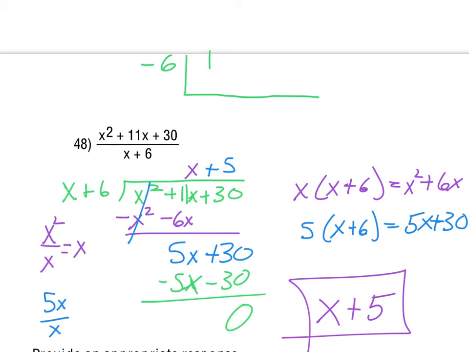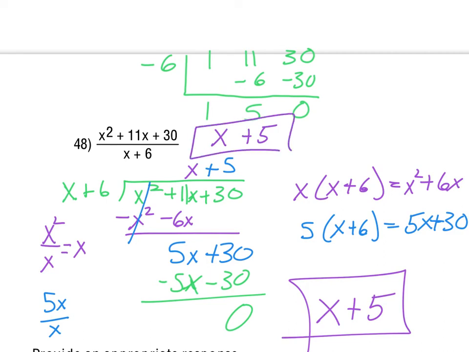Then we take the coefficients of our dividend, the x squared plus 11x plus 30, the 1, 11, and 30 there, and we drop the 1 down, multiply the 1 by negative 6, add the 11 and negative 6 together, multiply the 5 by negative 6, and then add the 30 and negative 30 together to get 0. Again, it started off as an x squared here, so this is 1 degree less. So that's a 1x plus a 5 with a remainder of 0 there.